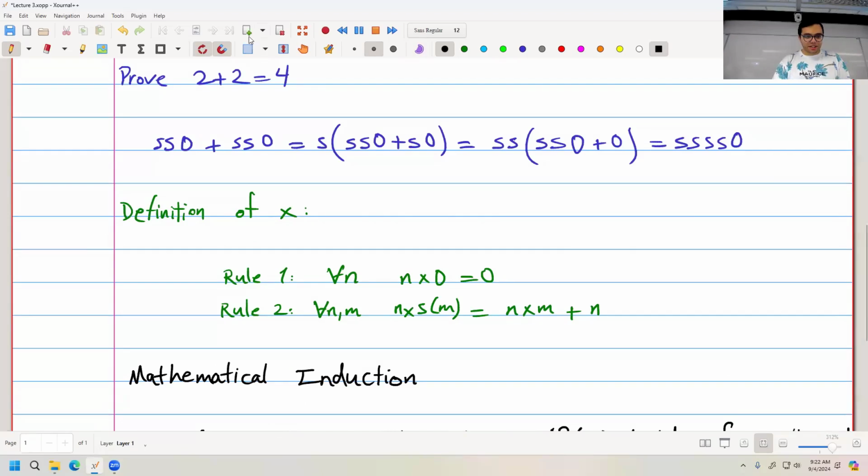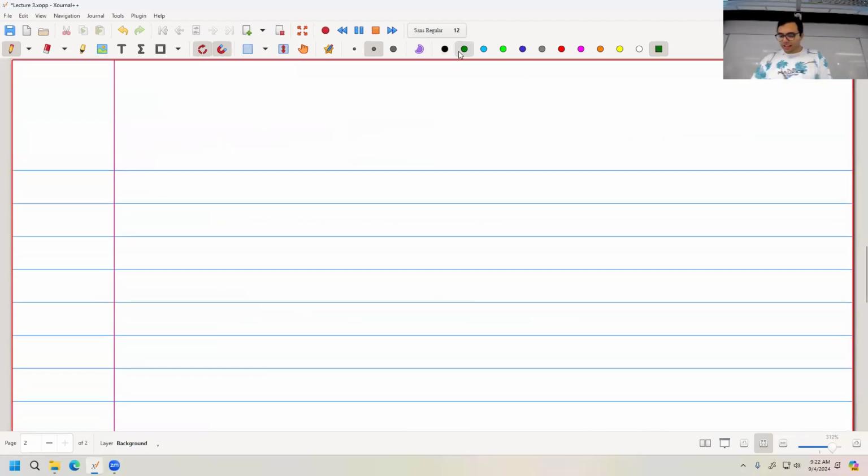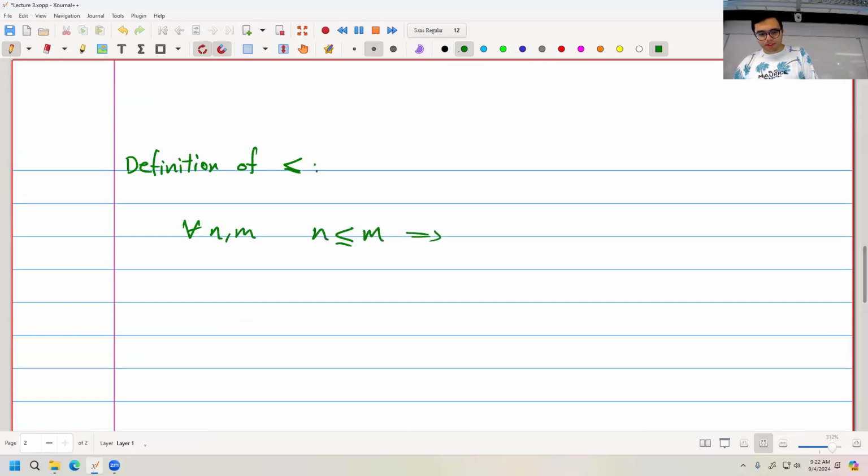So when can I say that n is less than or equal to m? So say definition of less than or equal. I say for any two natural numbers n and m, n is less than or equal to m if and only if what? How should I define this? Well, here's a trick I can use.